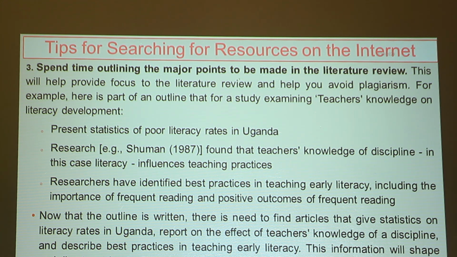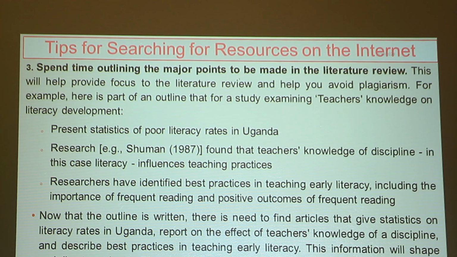So this is the third tip, and just in summary, what we are saying is that as a researcher, you sit back and find out exactly what you need to look for. If, for example, you are researching alcoholism, you will need to sit down and think, what do you want to look for under alcoholism?